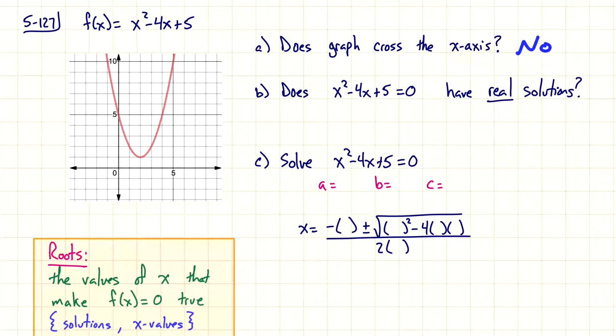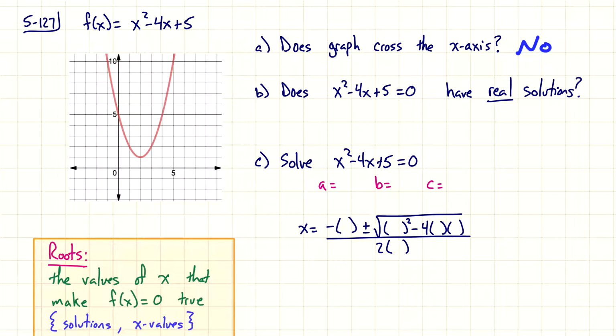Does x squared minus 4x plus 5 equal to 0 have real solutions? If we solve this, are we going to have real solutions? If you're thinking, oh, I don't want to solve it, I'm not sure if it does or not, you're thinking way too hard, because the first question just answered it for us.